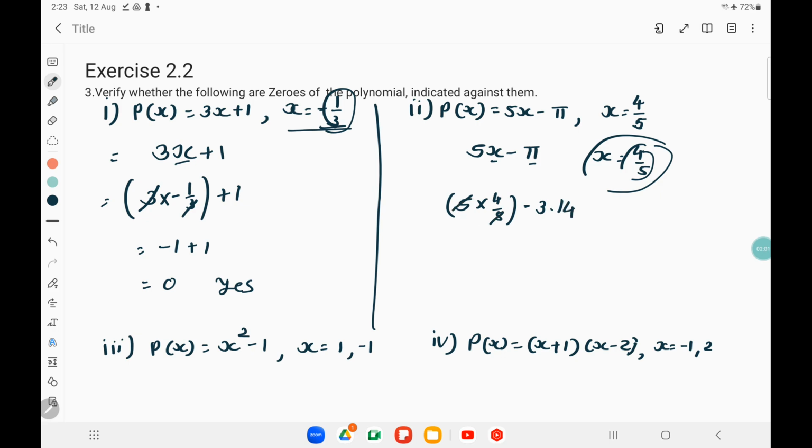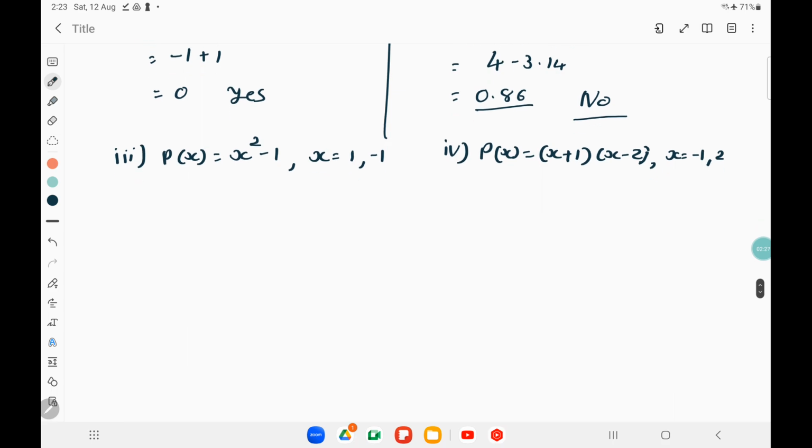Now 5 and 5 cancel down, so 4 take away 3.14 gives us 0.86, and this is not 0, so 4 over 5 is not a zero of this polynomial. So the answer is no.